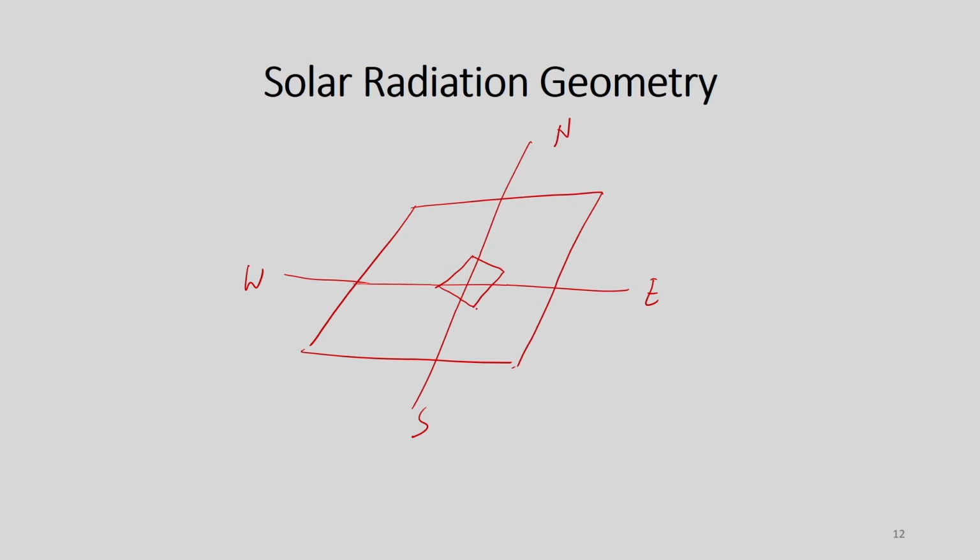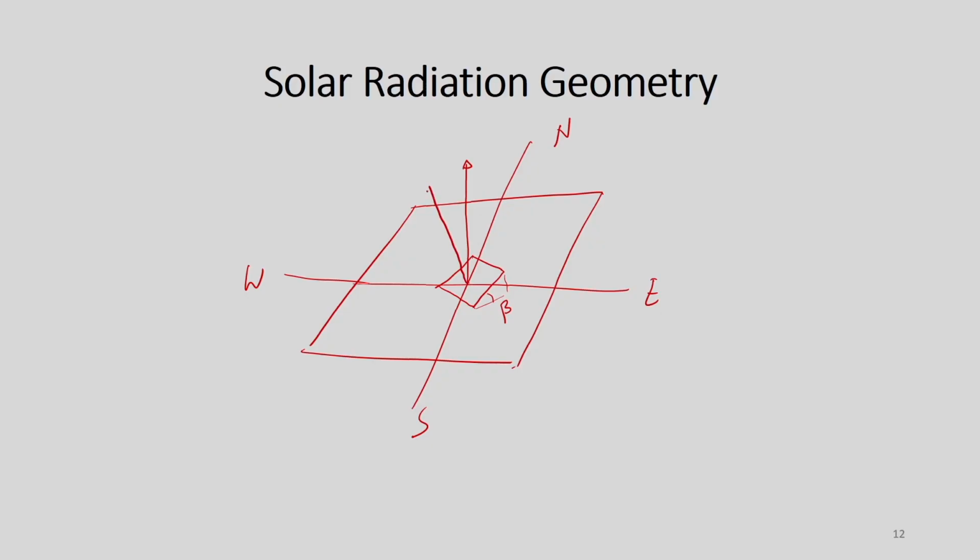This angle is beta, and this is normal to the horizontal, and we will have normal to this inclined surface.